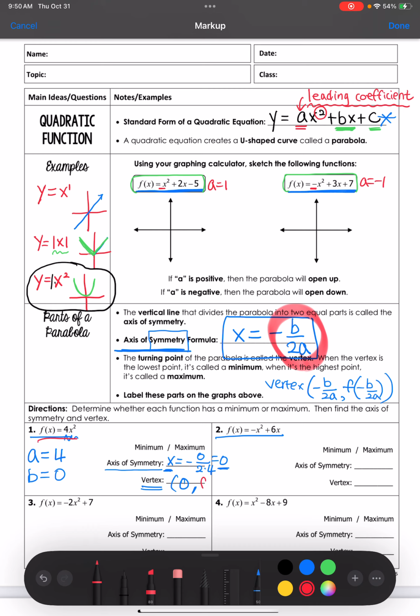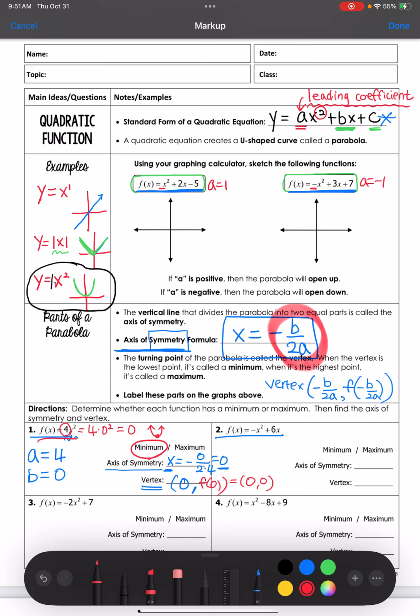I'm trying to get f of 0. So this is gonna be 4 times 0 squared, so it's also 0. My vertex is 0, comma, 0. And then look at my leading coefficient, 4. It's a positive number, so my graph shape is gonna be left and right pointing up. So I'll have this minimum point. So my vertex is a minimum.